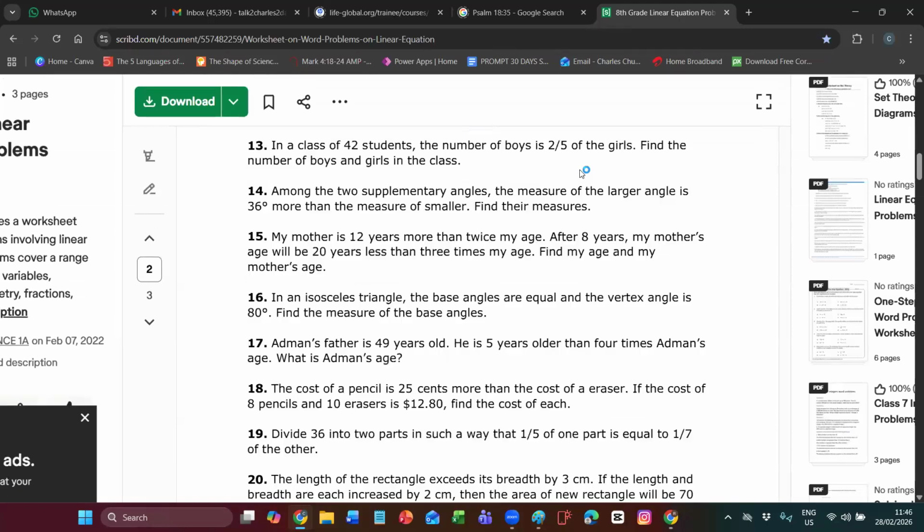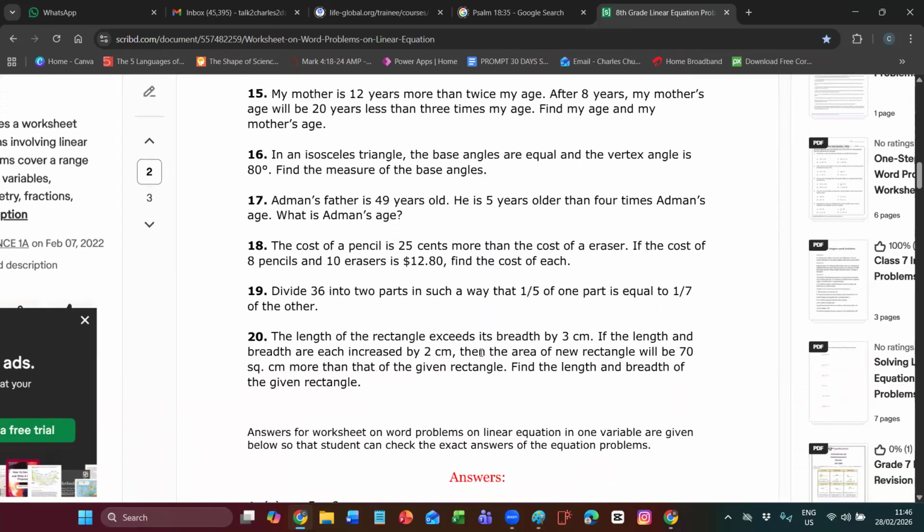The eraser will be E. Eraser is E, so the pencil is 25 cents more than the cost of an eraser. How would you write that? That would be 25 plus E. Thank you. It's better that way. 25 plus E is equal to what? P. That's the first thing you need to sort out.